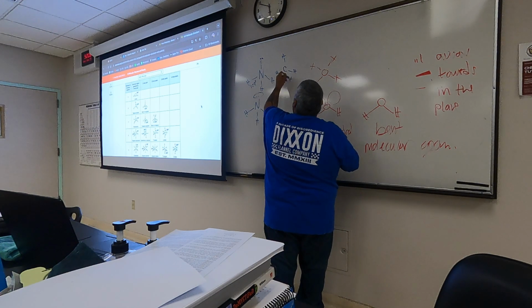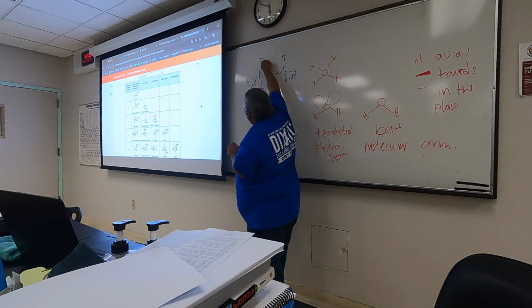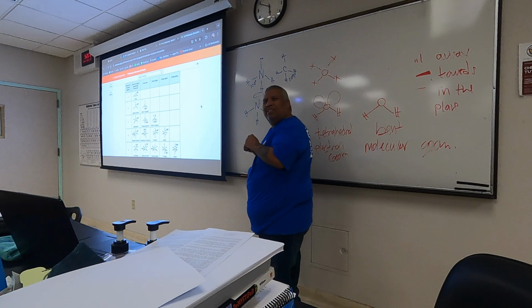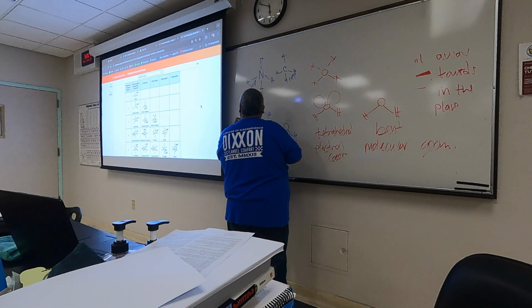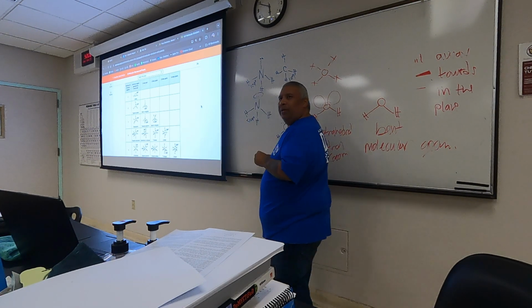Tetrahedral, these are all 109 degrees. But as soon as we get this electron pairing here, it starts to push down on these just slightly, so these end up being a little bit less than 109 degrees.